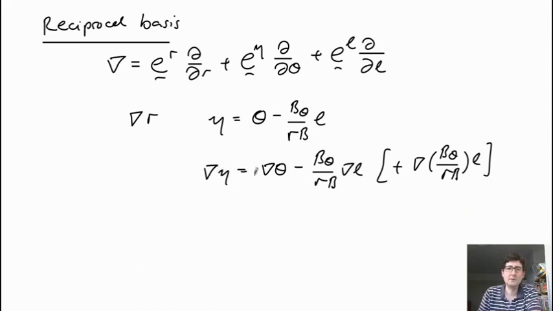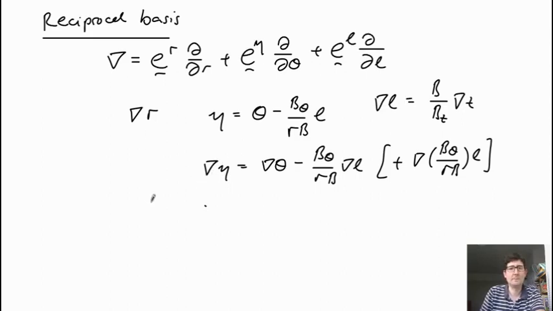So we have grad eta, which depends on grad theta and grad L, and then grad L over here, this E with L up, is like grad L, and this just depends on b over bz times grad z. So now we have grad L, grad eta, and grad r, and so we can write down what these vectors are.